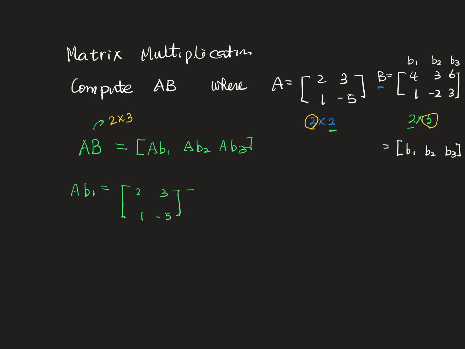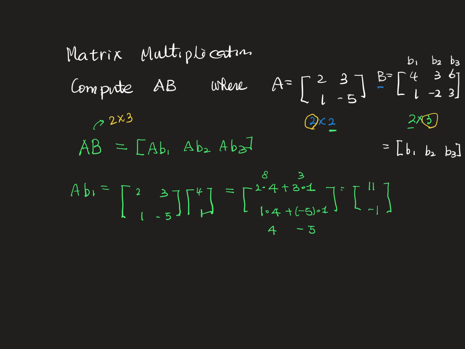That's going to be times B1, which is 4 and 1. Remember how we define this? This is 2 times 4 plus 3 times 1. Second row: 1 times 4 plus negative 5 times 1. So you have a new vector: 11, negative 1.